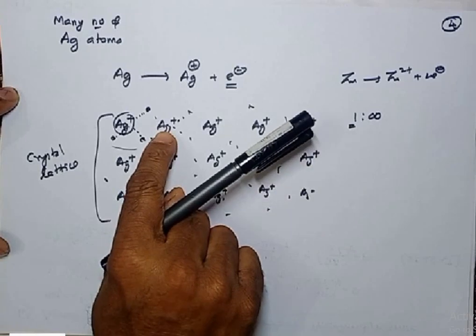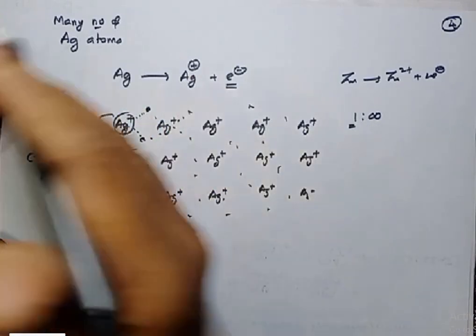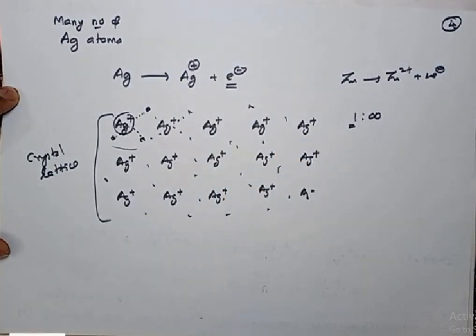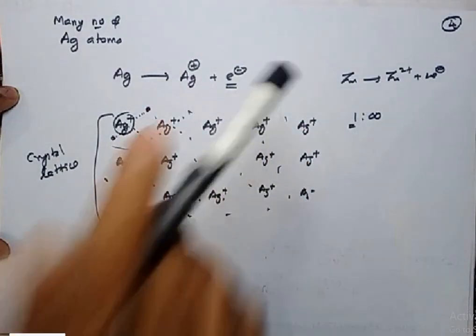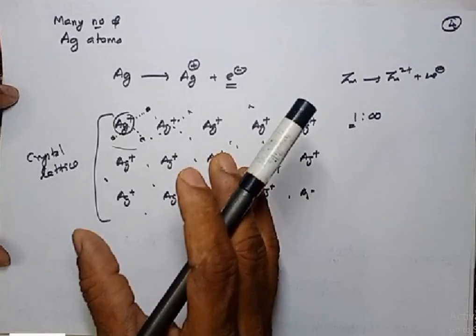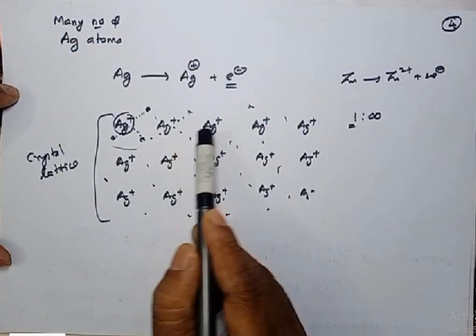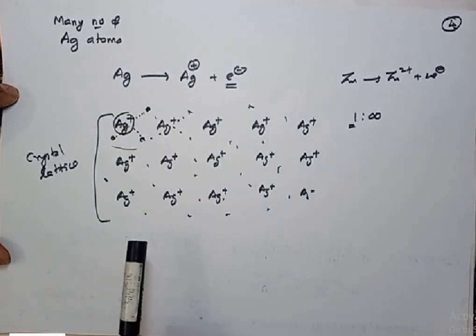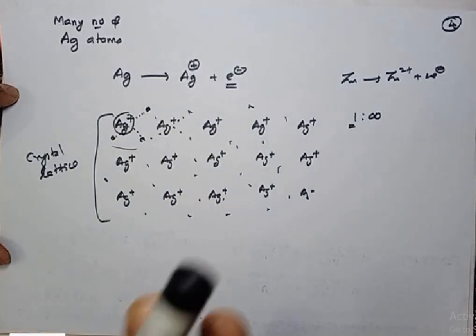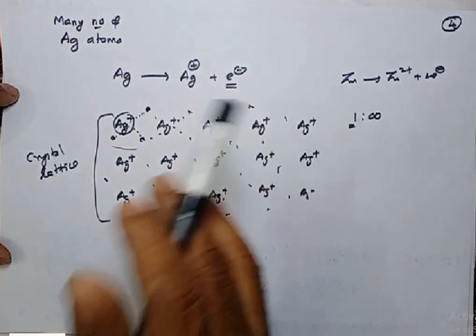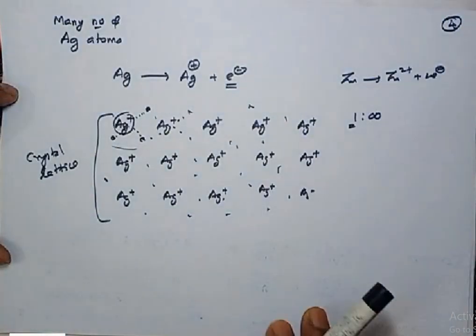Each cation is attracted by many free electrons present in the gas, and each electron in the gas is attracted by many silver ions. This attraction is very strong compared to the adjacent silver repulsion. So that's the reason why metallic crystals, in general, have a high melting point.